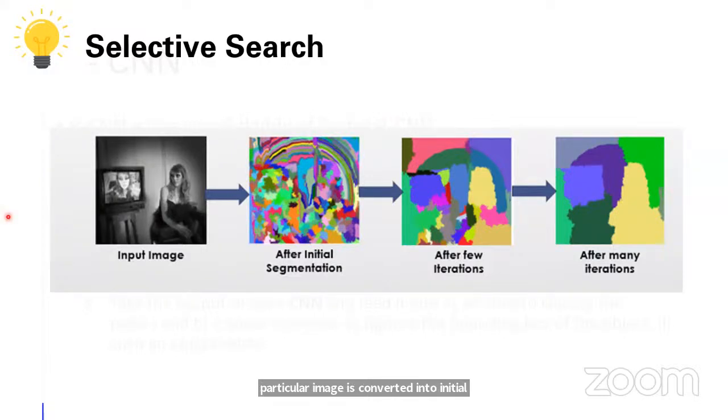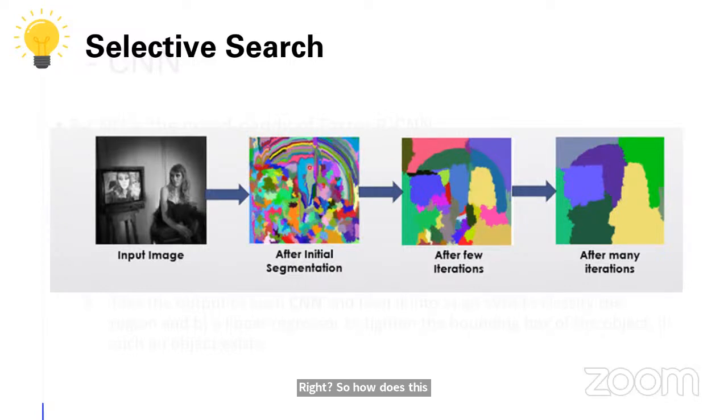Once we get this segmentation graph, the next step is the recursive combination of smaller regions into larger ones. A greedy algorithm is used to combine similar regions to make larger regions, right? How does this greedy algorithm work?